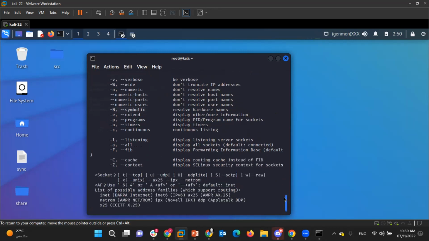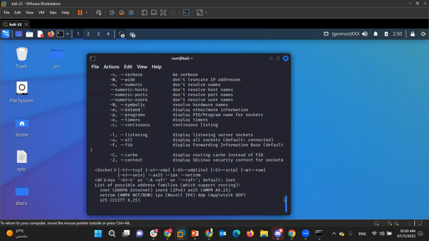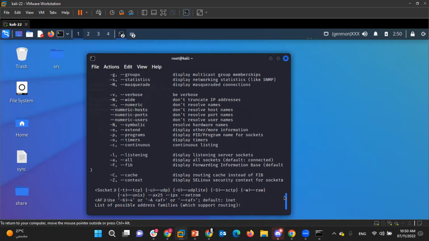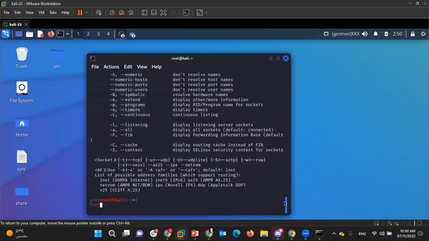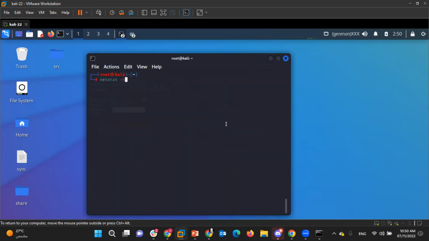We can use -a as all the time, n also, and t as I used all the time, -nt to print, p as a port program. Okay, -a.